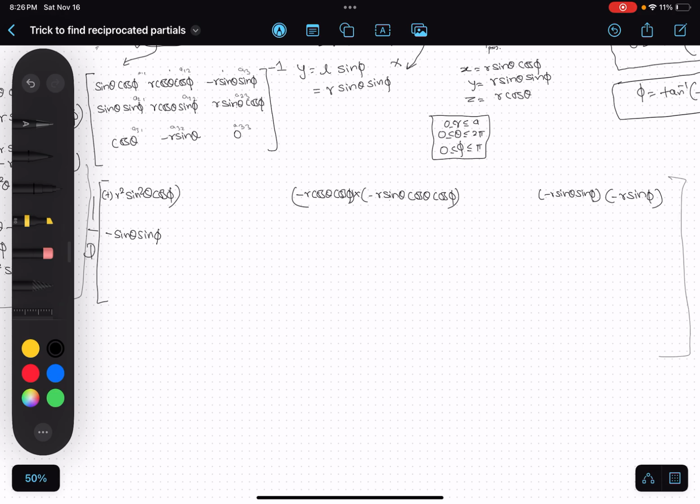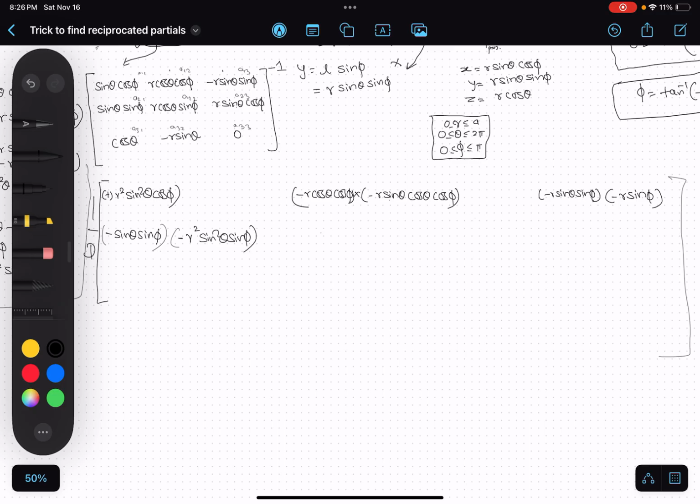Okay, now this is minus sine theta sine phi times the determinant. We will just ignore the row and column that it's in, and this is just 0, and this minus cancels, giving minus r square sine square theta sine phi, right? The minus is from the determinant: minus r square sine square theta sine phi.